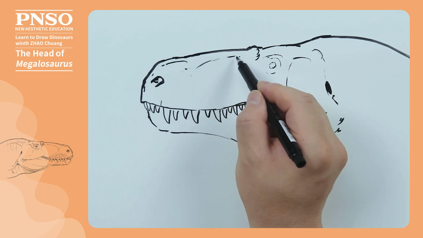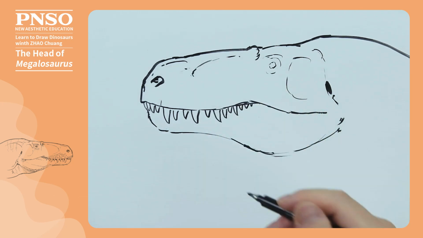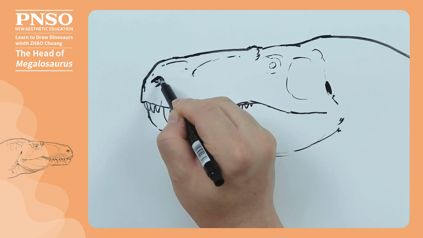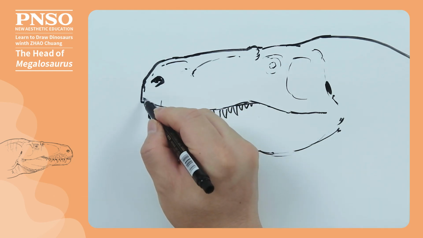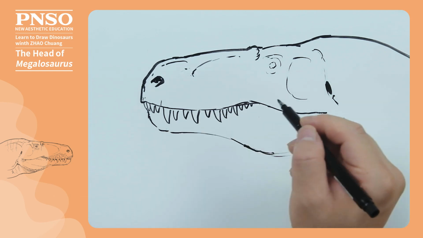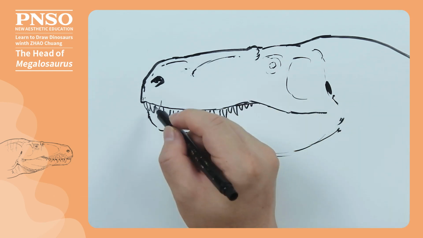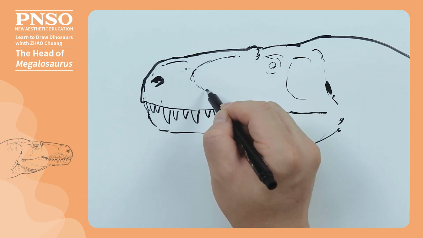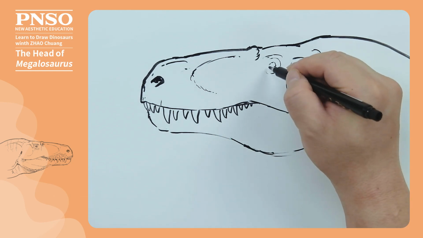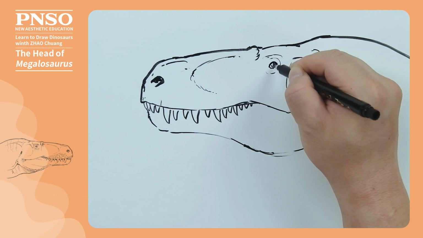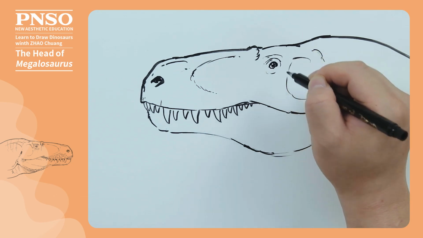Draw its antorbital fenestra first. And then, the eye and pupil. We can draw some folds around the eye.